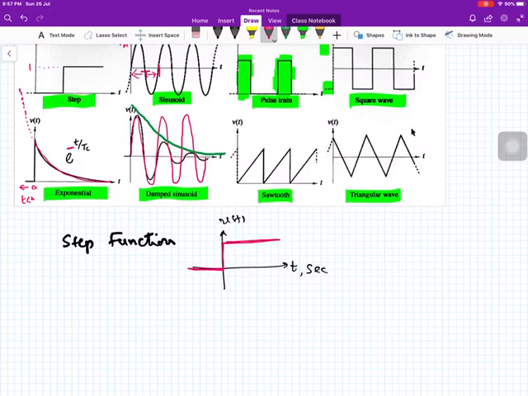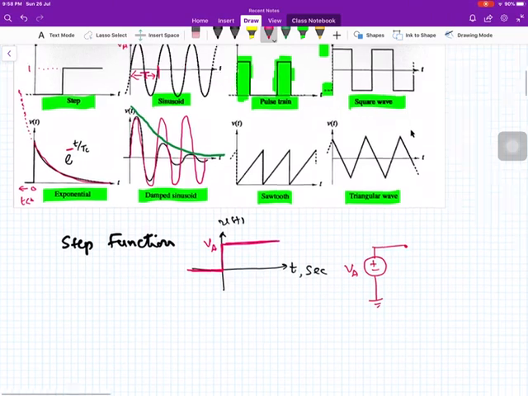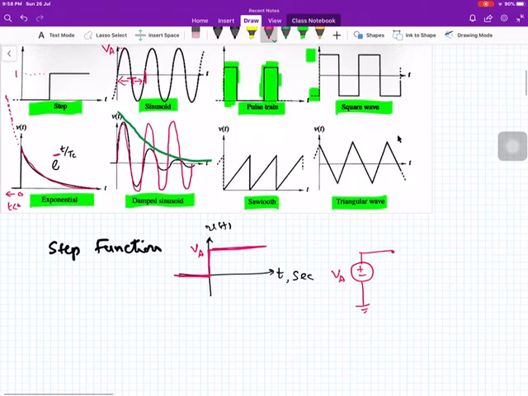What does it mean? If its amplitude is VA, what does it mean? It means that we have a DC voltage source, and we have a switch over here with two positions. So this is the off position and this is the on position.